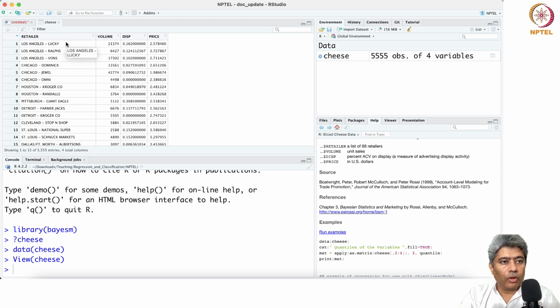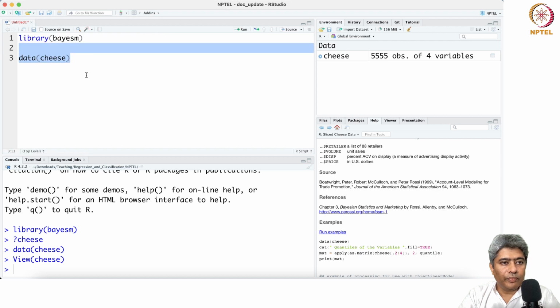You have 4 columns: retailer, the name of the retailer. There are 88 retailers, such as Los Angeles Lucky, Los Angeles Ralph's, Los Angeles Vons. So Lucky, Ralph's, Vons, Dominick's are the retailer chains, and this is the city name, so city name and retailer chain are different.